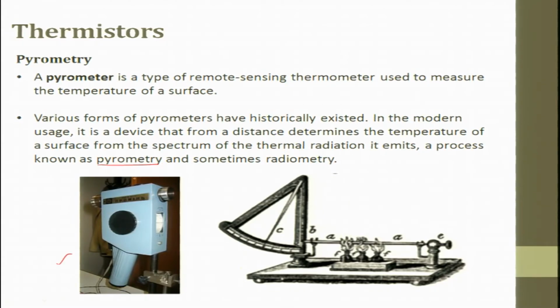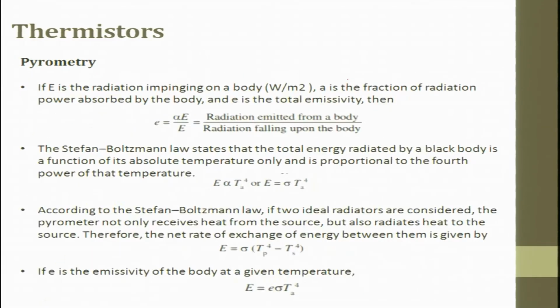This is the modern pyrometer which is used to measure temperature, and in the olden days they used to measure temperature using a pyrometer as well. So, a pyrometer is a remote sensing thermometer. In a pyrometer we have E, the radiation impinging on the body, which is in watt per meter square.